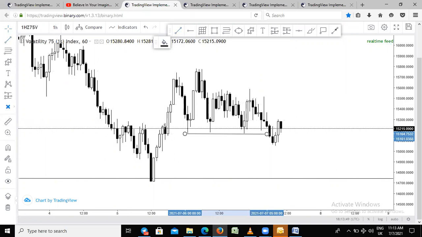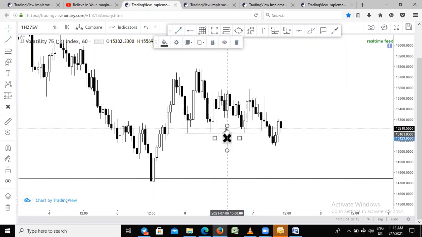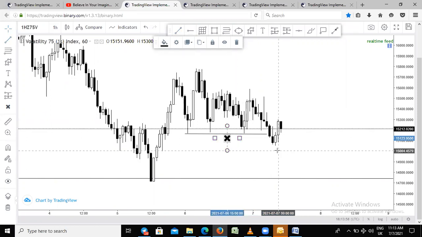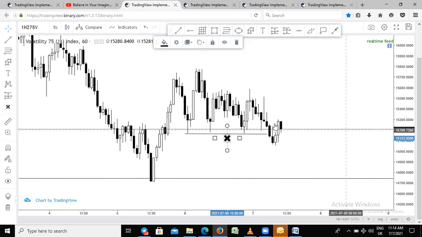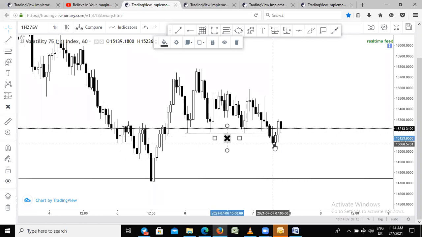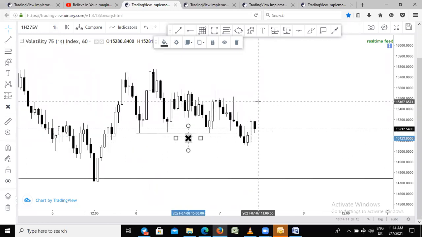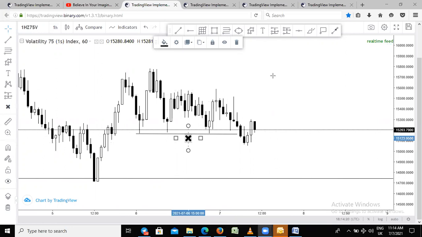Either the level gets broken for a buy and we have a retest of it, and price keeps going down, or price returns to retest that area, then I wait for price to actually show me the way before I call the sell.